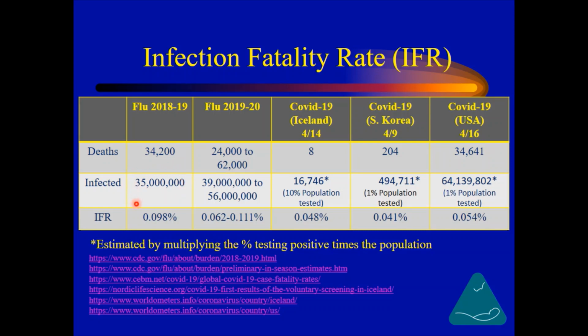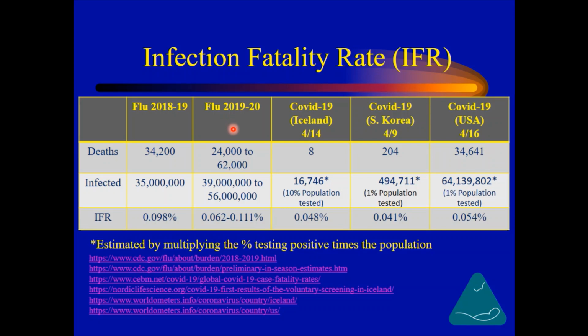That calculates out to an infection fatality rate of 0.098%. What that means, practically speaking, is that if you got the flu last year, there was a 99.9% probability you would survive that.